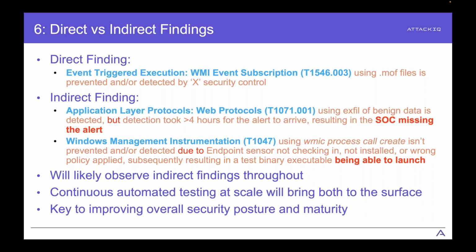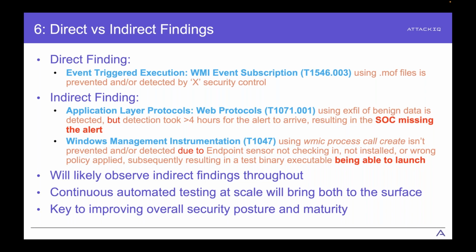However, along the journey, you're going to come across lots of different indirect findings, which are almost as important as the control testing that you're doing yourself. As a couple of examples, let's say you're running an assessment and you're exfiltrating some benign data.